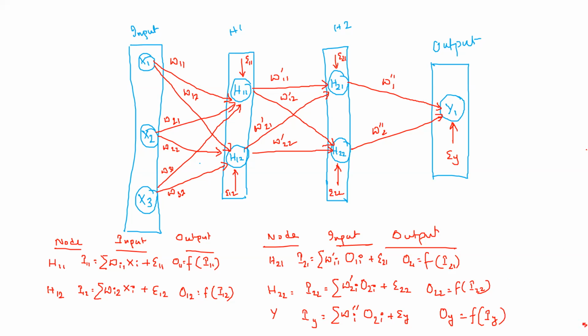So all the functions will be same, or can it be like one function? It can be, each of them can be different. Okay. Like for example, for H11 it is, but in general, what we design is, when we design it, we consider each layer having the similar activation function.